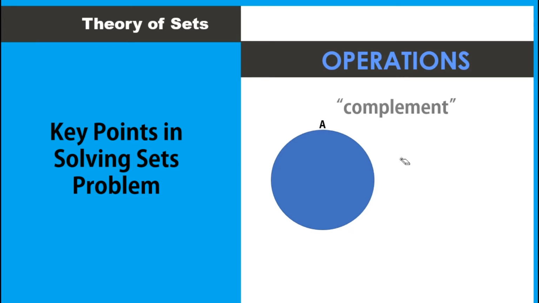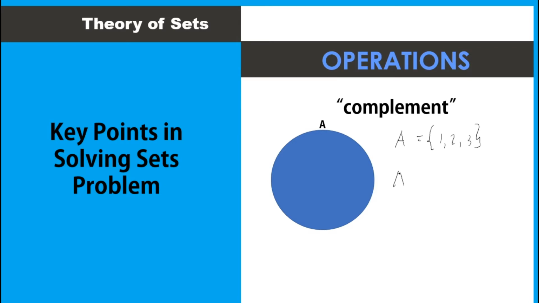The next operation is what we call a complement. Basically, a complement is the elements that are not contained in a given set. For example, we have set A with the numbers 1, 2, and 3.